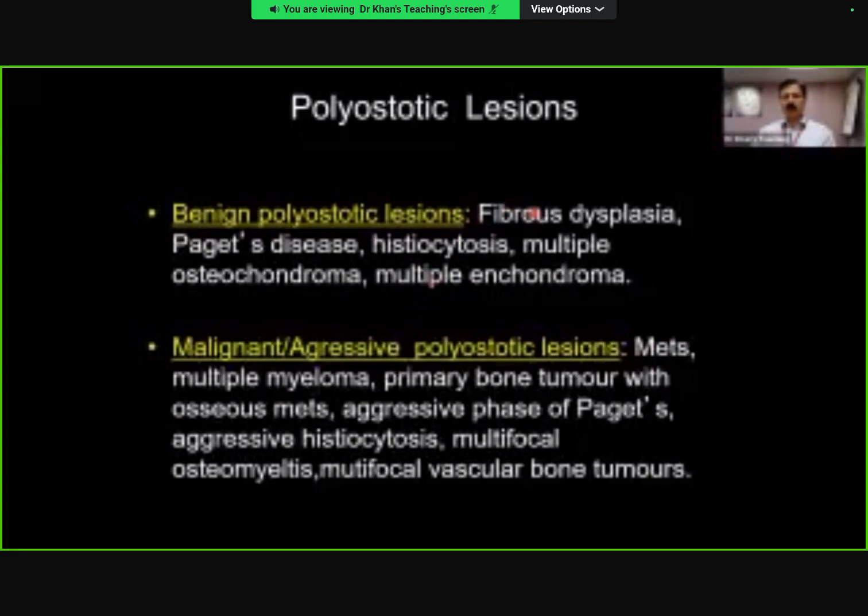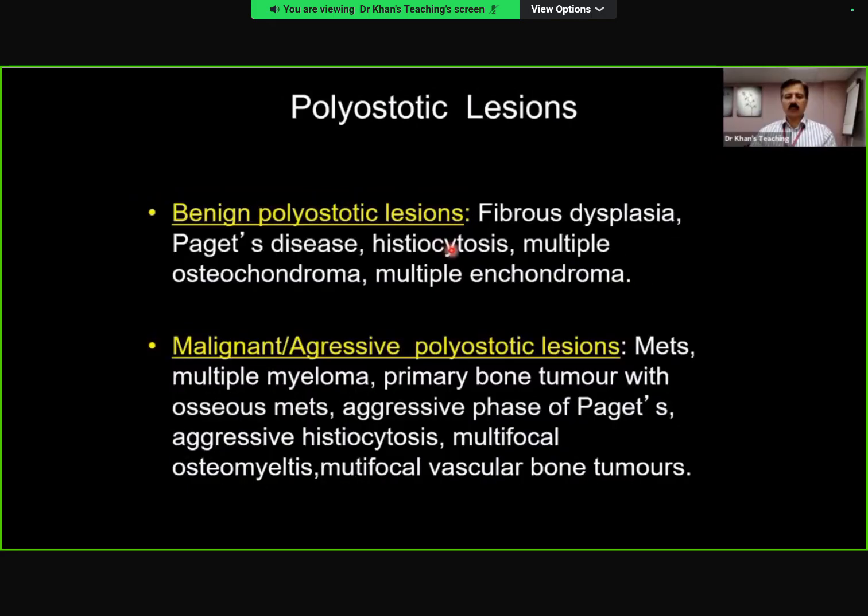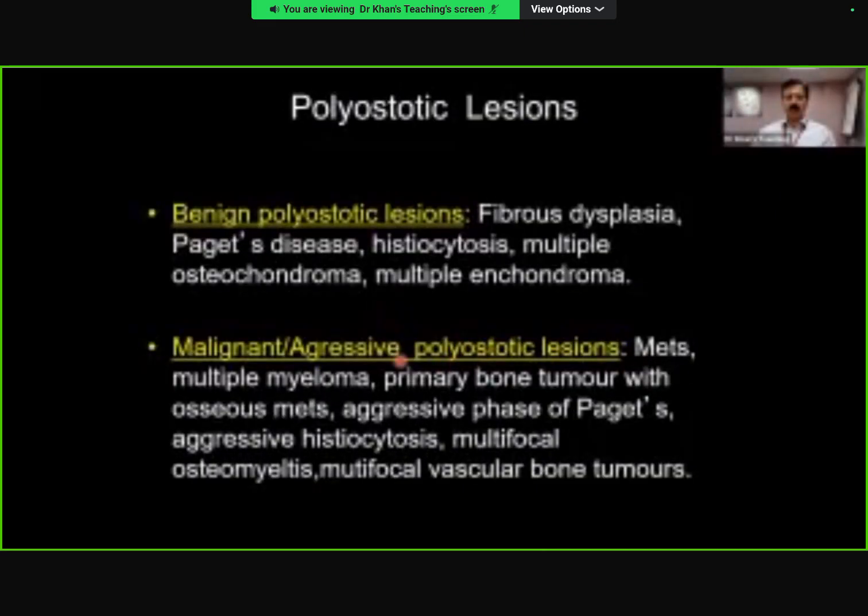And it might be a fibrous dysplasia, for example, or a Paget's, and histiocytosis is extremely important. This now goes to our Monday schedule. Multiple osteochondroma, multiple enchondromas, all of these things are important. And of course, other than metastasis, there can be aggressive polyostotic lesions, as on this slide here.